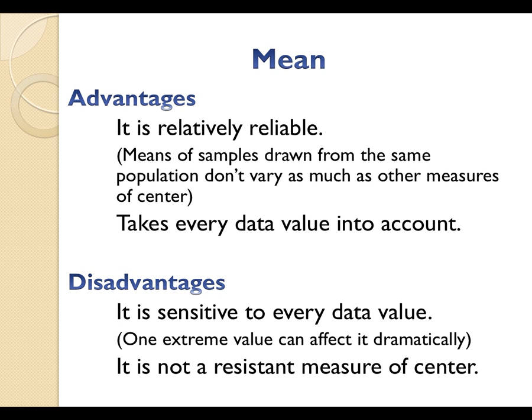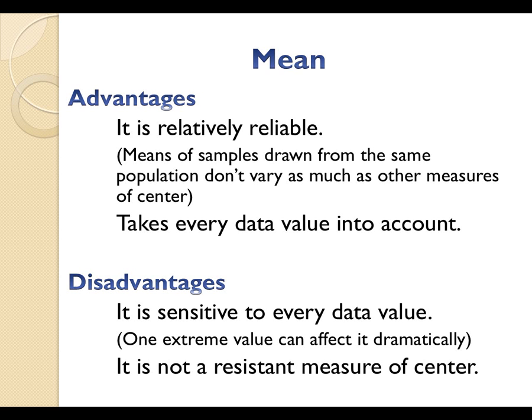single value into account. The disadvantage is that it's very sensitive to every data value, which means if you have a large number of a certain value, then it's going to be influenced toward that number. If you have an extremely small data value that's much smaller than your other data values, it's going to cause your mean to be less because of that small data value.